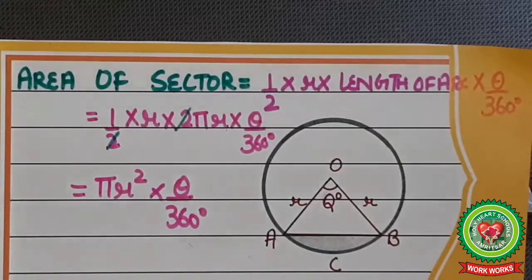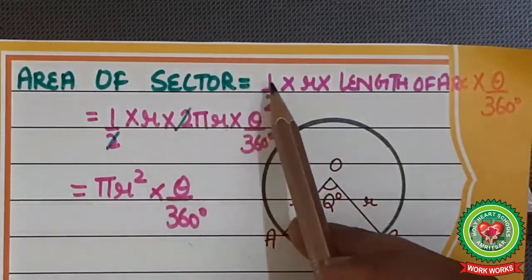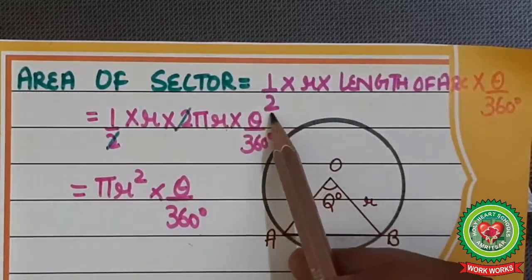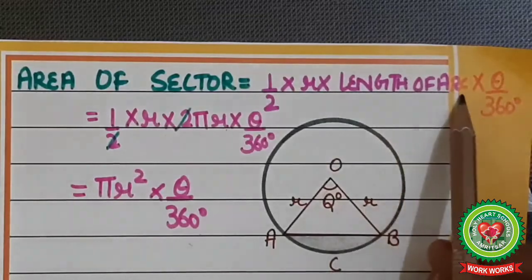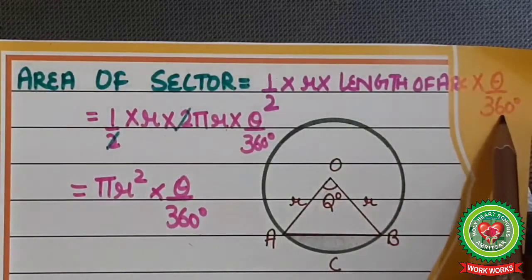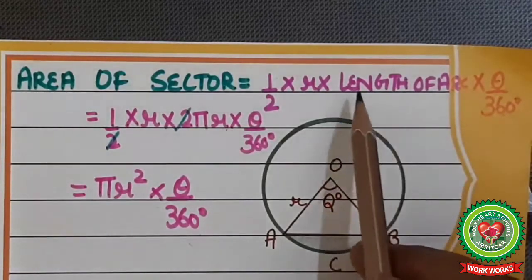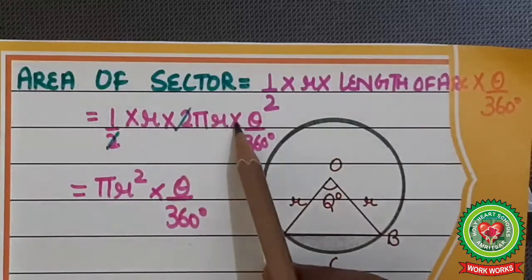Students, before starting with the question related to area of sector, we will discuss what the formula of area of sector is. The formula of area of sector is equal to 1 by 2 into r into length of arc, where the arc length is theta by 360 degree into 2 pi r.